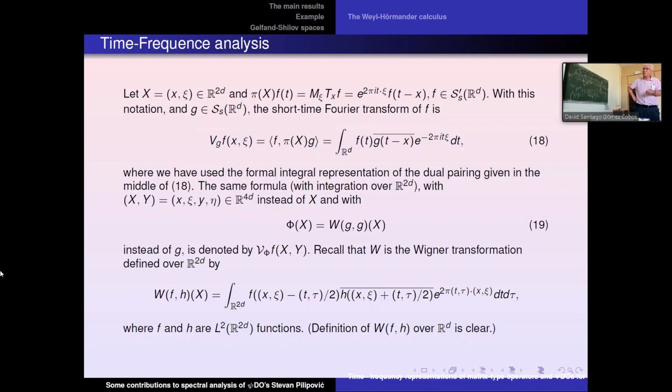But in this form, one can simply arrive at the so-called Bargmann transform. For me, the Bargmann transform is the one which connects Bargmann spaces with function spaces over R^n or R^2n.